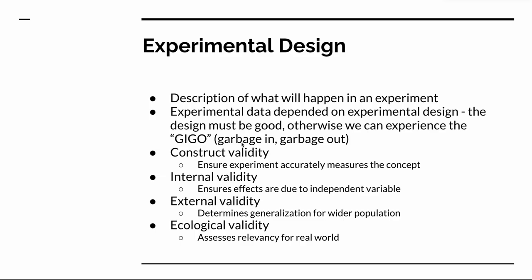And we need to focus on construct validity, internal validity, external validity, and ecological validity, where the construct validity takes care of accurate measuring, the internal ensures the effects are due to what they should be, the external validity is about generalization, and ecological validity assesses relevancy for the real world.